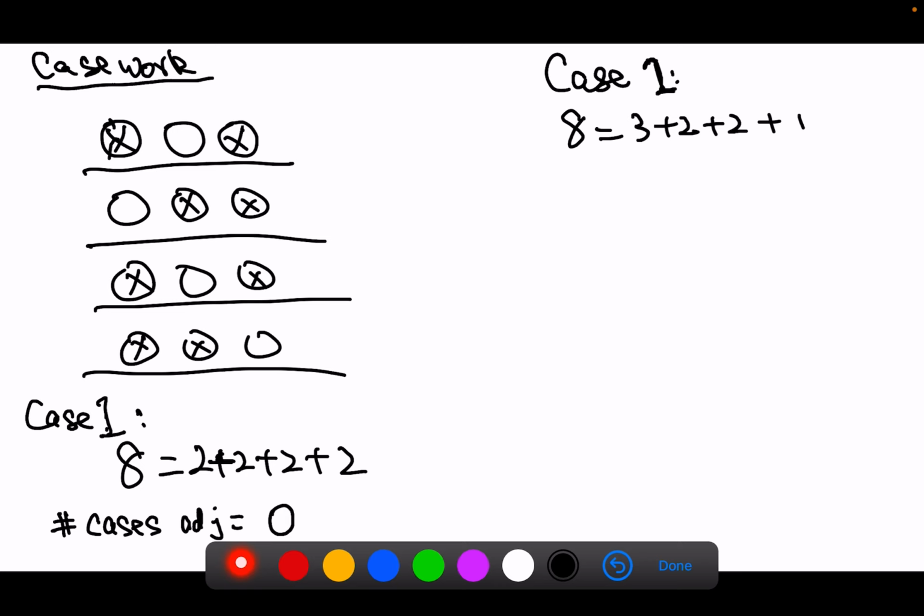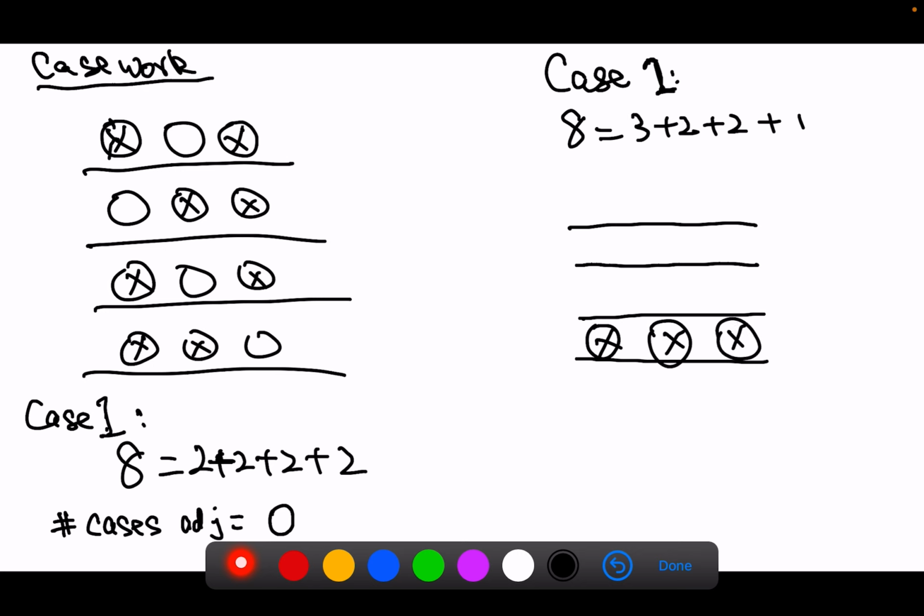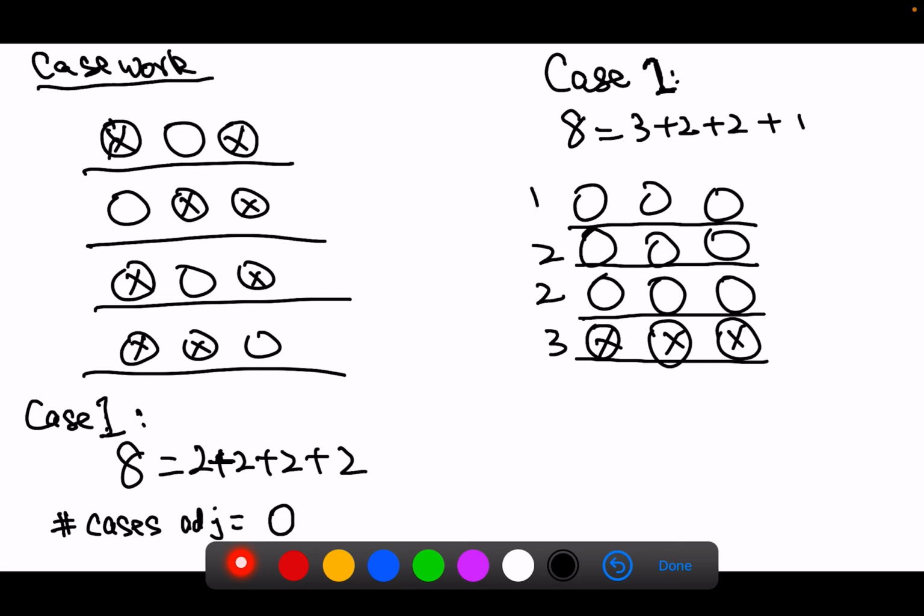So the scenario is going to be one row, all 3 seats are taken. Second row, 2 seats are taken. So 3, 2, 2, and one row is 1.